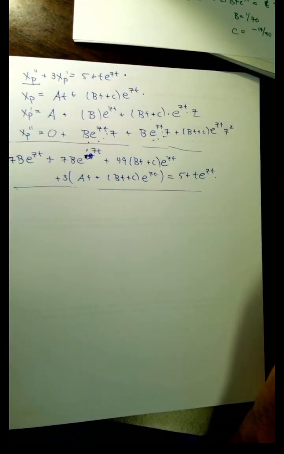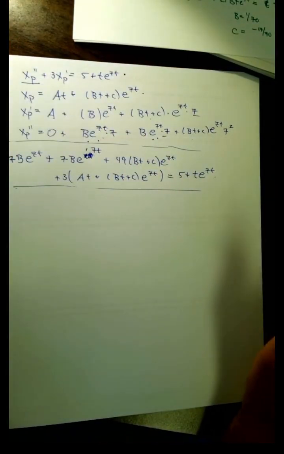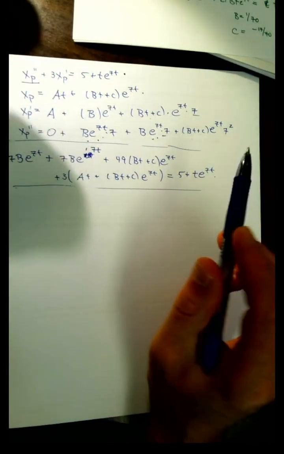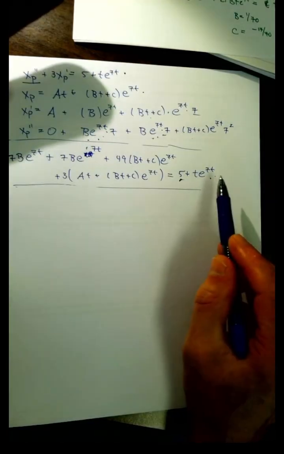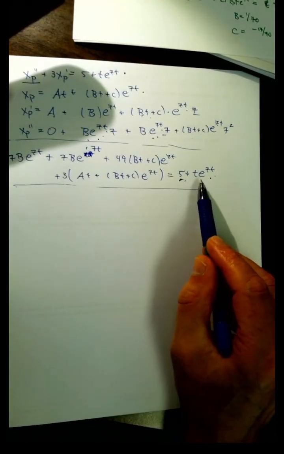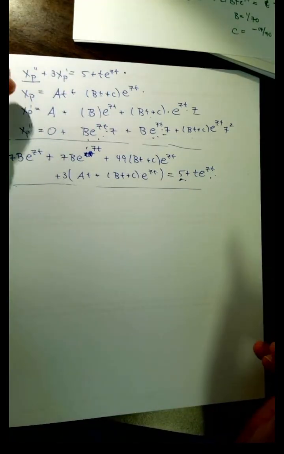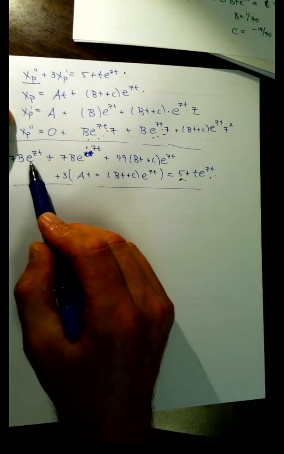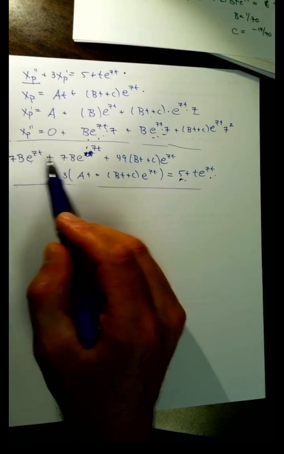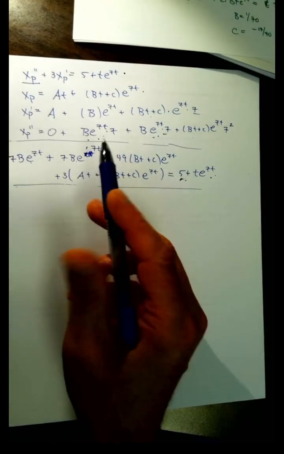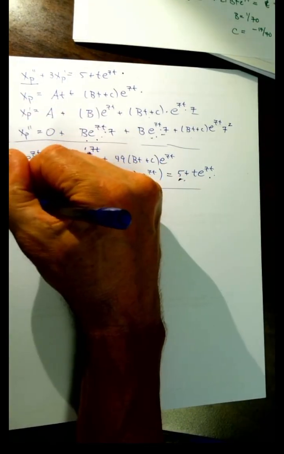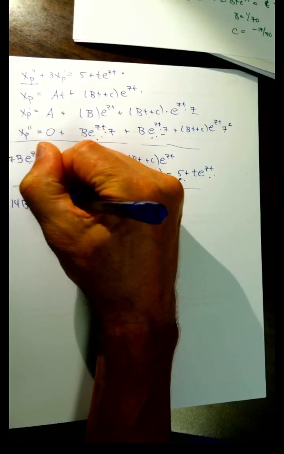Okay, what a mess. I'm going to basically expand everything out as far as I can, then collect like terms, and then ask, how can I get the thing on the left equal to this? I'm going to ask that all of the coefficients on like terms match up. Notice here, 7 B's of these plus 7 B's of these is going to be 14B e to the 7t.